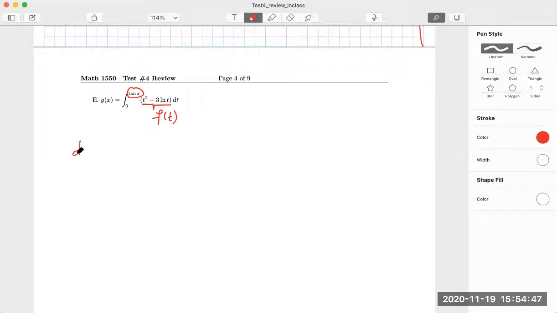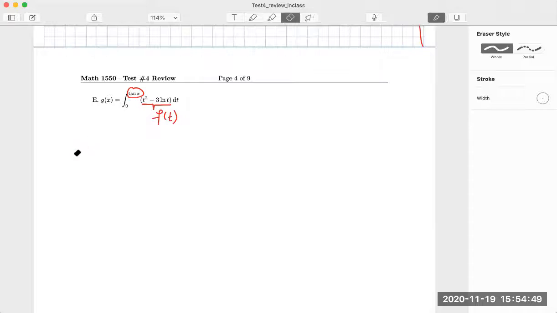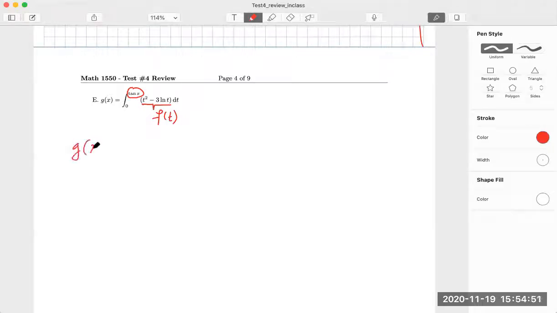So the fundamental theorem of calculus tells us that g prime of x, the derivative of this integral, will be the integrand f of t, where we evaluate the function at t equal to 10x.